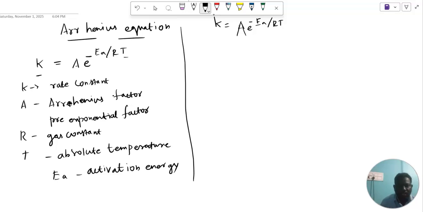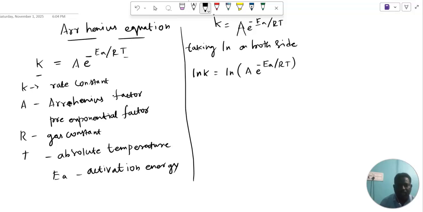Now take ln on both sides. On taking ln on both sides, this equation becomes ln k is equal to ln of the product, which I am giving in the bracket. Later we will expand it to the logarithmic form. Consider this as a product.